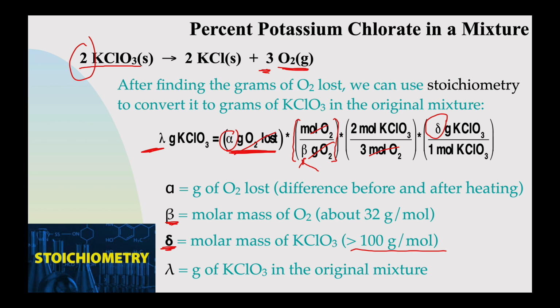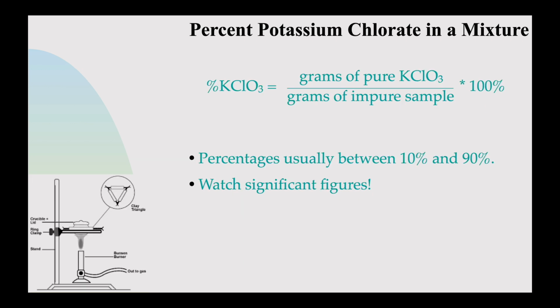And then this thing, the lambda here, that's what you're trying to solve for. You want to get the grams of the potassium chlorate in the original mixture. Most of the time, the lambda, this number you're solving for, is going to be about a gram. It's not going to be a big number, sometimes 0.5 grams even. It depends on how much potassium chlorate you had in your original sample. Finally, you can use that lambda from the last step, the grams of the pure KClO3 in your sample, and that's going to go right there.